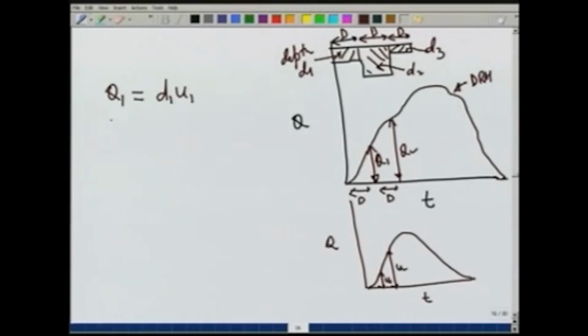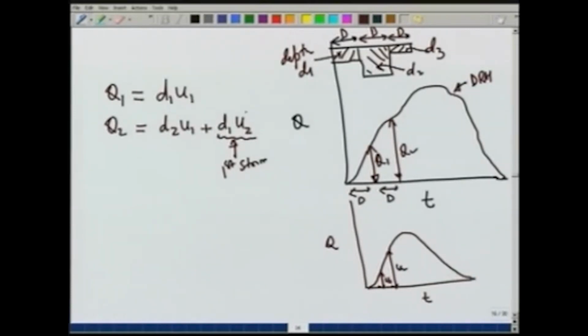Once the second storm starts, we will have to account for the second storm also, and now this is the first storm contribution, because now it has already lasted for 2d hours.